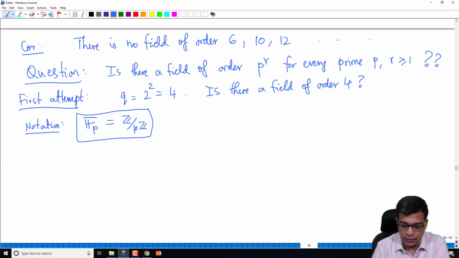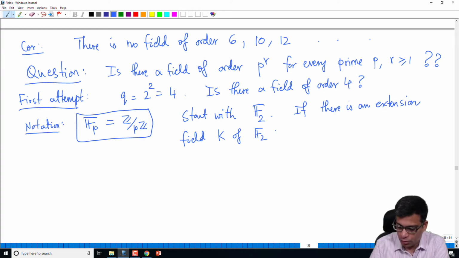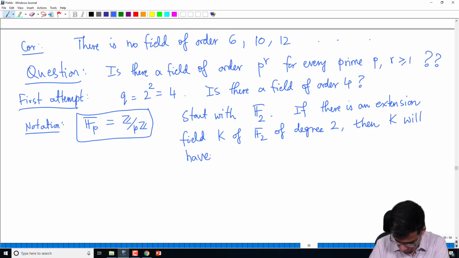How do we construct a field like this? We know a method to construct new fields, right? We can take a field and consider its extension fields by killing irreducible polynomials. So let's start with Z mod 2Z. I will call it F_2. If there is an extension field K of F_2 of degree 2, then K will have 4 elements, right?